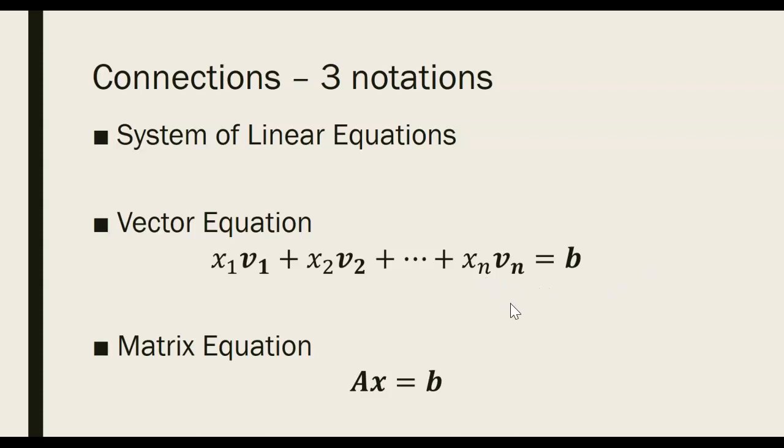So we looked at different solution sets, but the main issue was solving either the matrix equation or the vector equation or the system of linear equations. And so we were looking at matrices as a rewrite of these first two. We were looking at the matrix equation as sort of a rewrite of the vector equation or a rewrite of the system of linear equations.